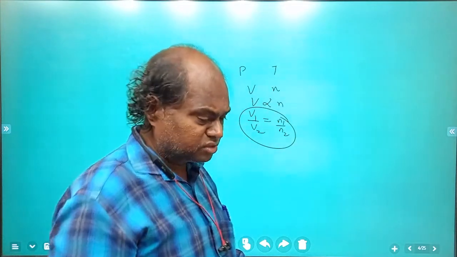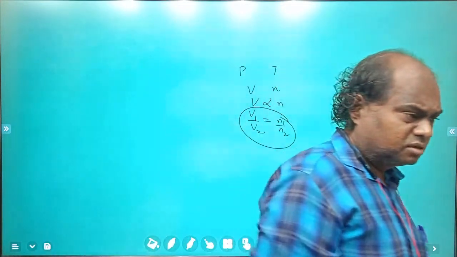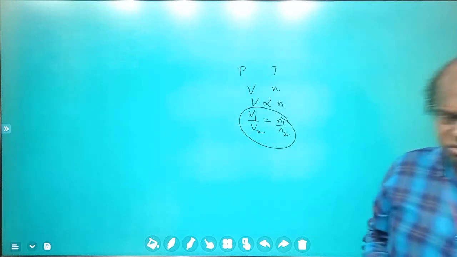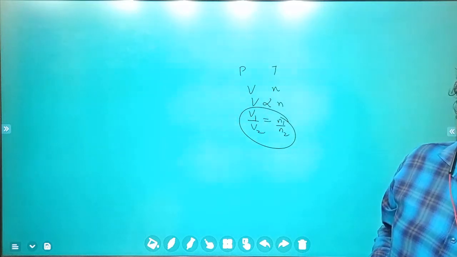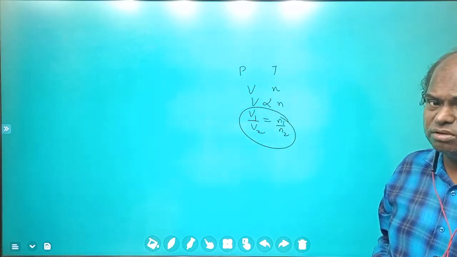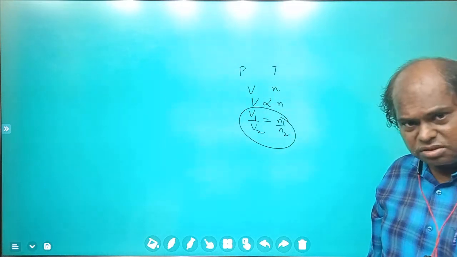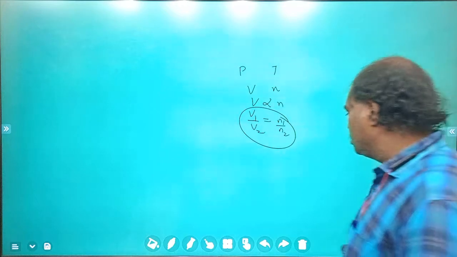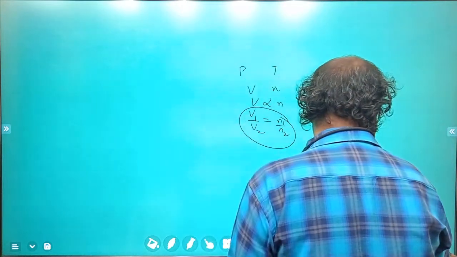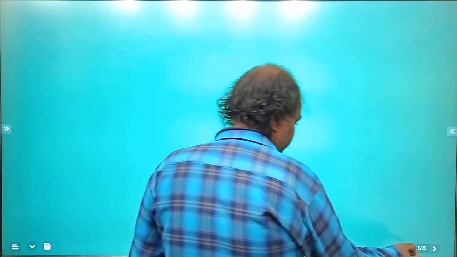So they'll keep two things constant. Pressure, temperature constant. Volume is proportional to number of moles. Temperature, number of moles constant. Pressure is inversely proportional to volume. Like that they can ask you. Clear? So such type of questions can also come. We'll do one question like that. Okay. Yes, we'll do one question.